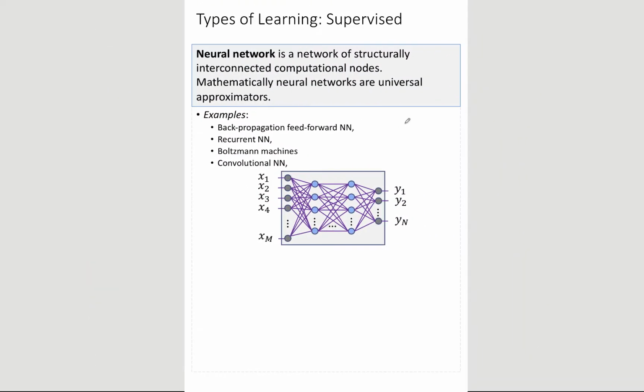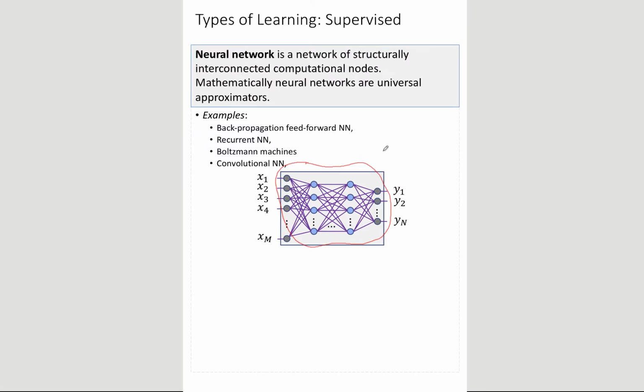Neural networks are by far the most well-known class of supervised learning algorithms. In most general terms, a neural network is a network of structurally interconnected computational nodes. Mathematically, neural networks are universal approximators, meaning that a neural network is capable of approximating any function to any precision.